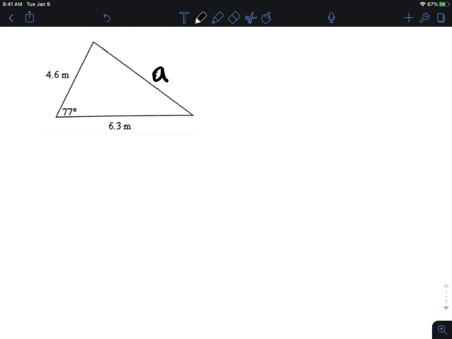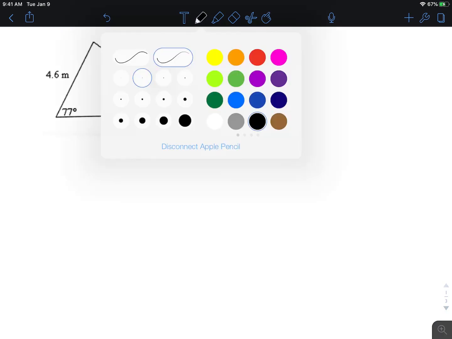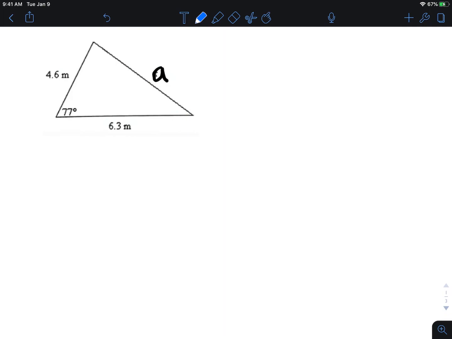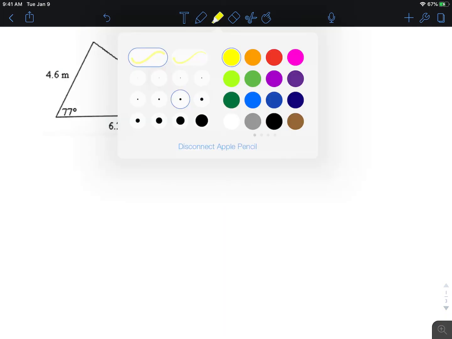Okay. So, this is my favorite. If you look at this and you remember this, you'll know when to use cosine law versus sine law. What color is coleslaw?